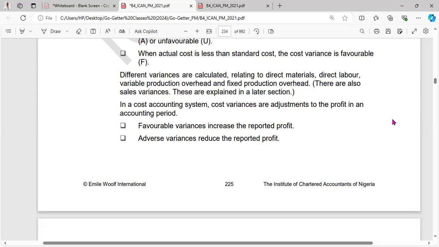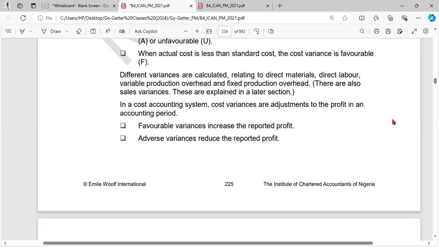Because we are calculating the variances from the fixed budget, we want to explain the difference between the fixed budget profit and the actual profit. When I say the fixed budget profit, it's not the flexed, it's the fixed. We are going to be adjusting.